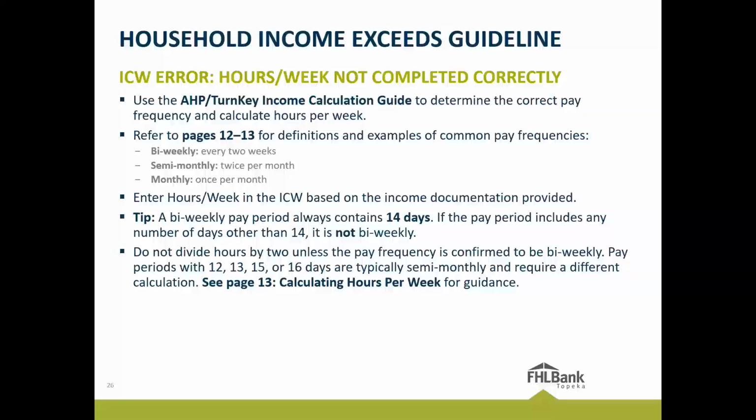And on page 13 of the income calculation guide, we have how to calculate hours per week based off the pay frequency. So we recommend that you use the guide and use those examples to help you with calculating the hours per week.